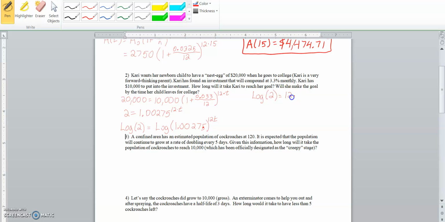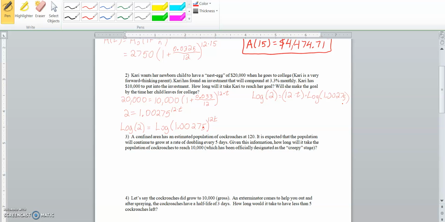So I can write 12t, I'll even put it in parentheses, times log of 1.00275. Perfect. Now we can divide both sides by log of 1.00275. Perfectly legal move.